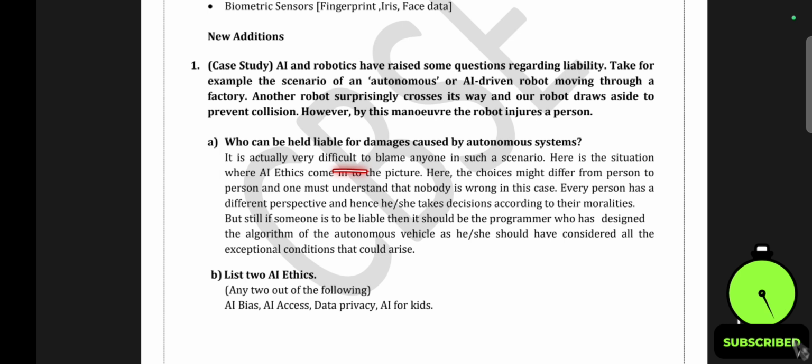It is actually very difficult to blame anyone. Yes, it's very difficult to blame anyone in such a scenario. Here is the scenario where AI ethics comes into the picture. Here the choice might differ from person to person. Maybe I can think in favor of the other person, or I can favor the robot. So this differs from one person to another.